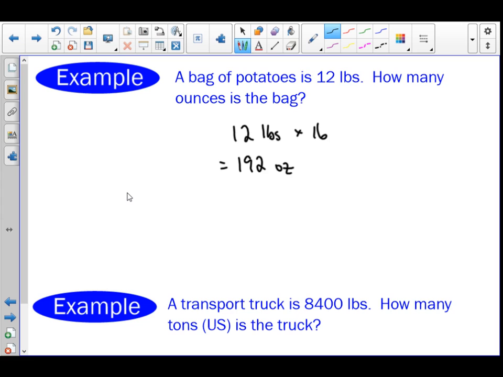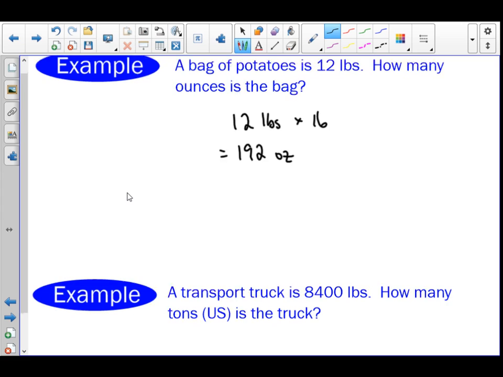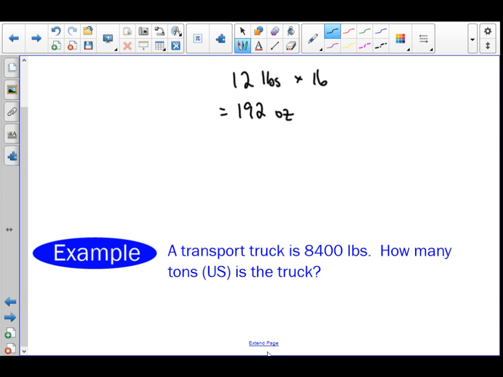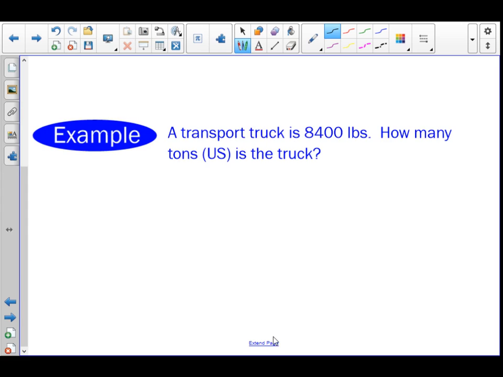One last question, then it is homework time. A transport truck is 8,400 pounds. How many US tons is the truck? We're using the fact that 1 US ton is 2,000 pounds. That's provided to us at the top of the other side of the paper.